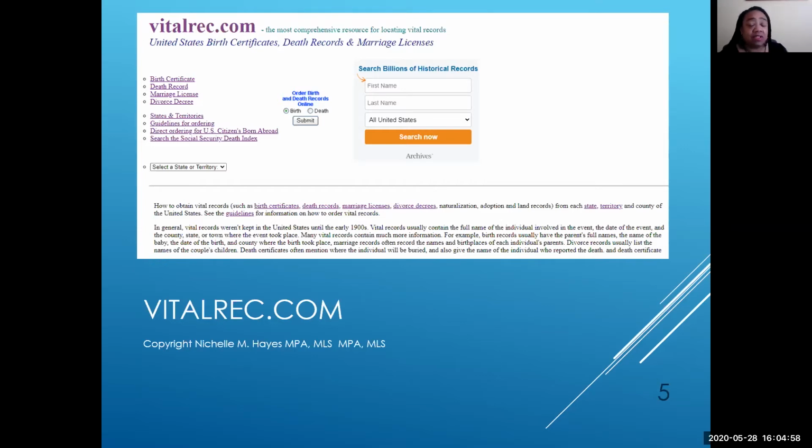And then you can also determine when a particular state started to keep those records. This is a great way to bypass having to purchase them through a third party, which can be more expensive. It will also tell you how much that particular form costs, and it will give you the information on how to request that.